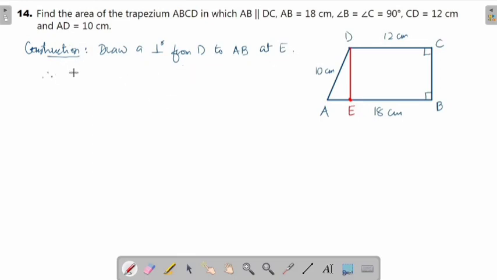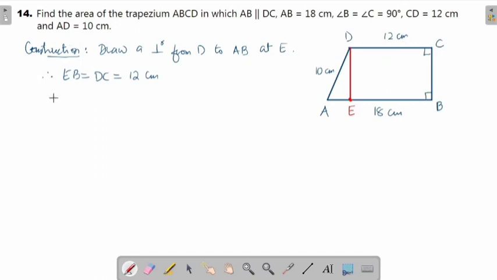Now see here very carefully. You know the length of AB. Now what is this EB going to be? The value of EB is going to be equal to DC, isn't it? Because this is a rectangle now. So EB is equal to DC, which is 12 centimeter.